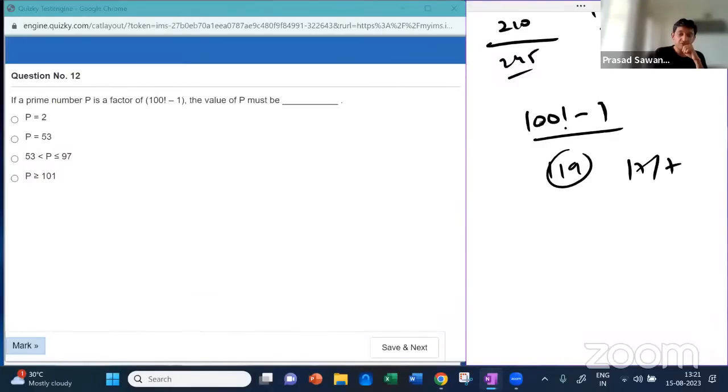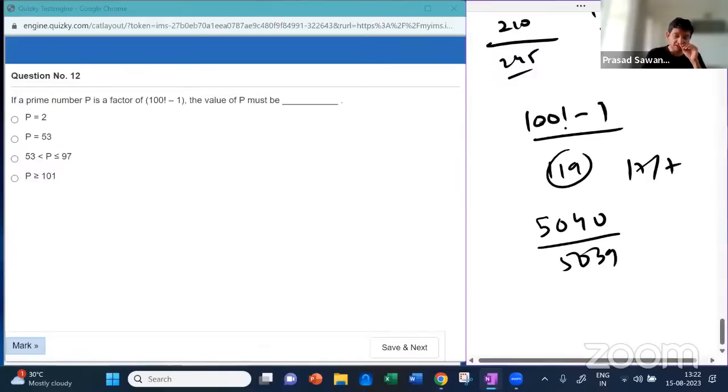P is greater than or equal to 101. There could be multiple factors. Now, अगर let's say for example, I'm talking about 7 factorial. 5040, let's say, minus 1, 5039.